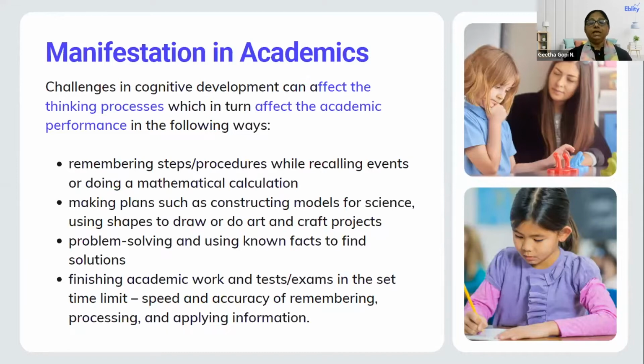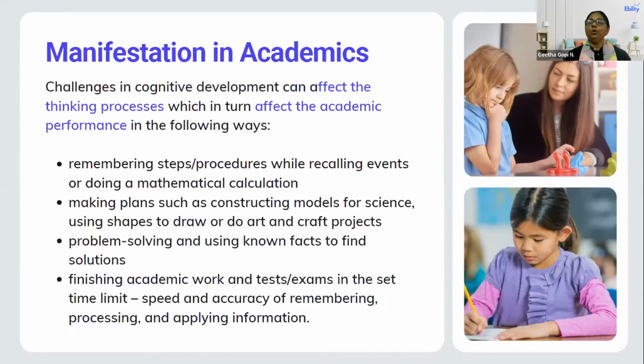Finishing or completing academic work or tests or exams in the set time limit, that is being able to do it within a certain time duration. That requires a certain amount of fluency. Again, as I said, fluency means there should be a certain level of speed as well as accuracy.